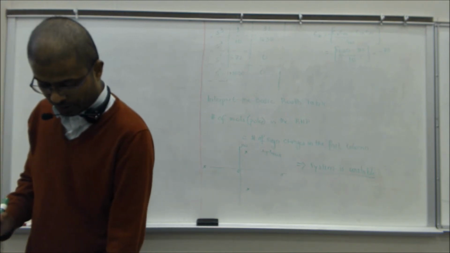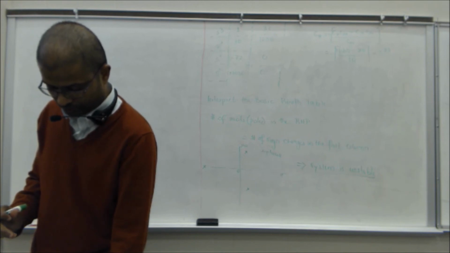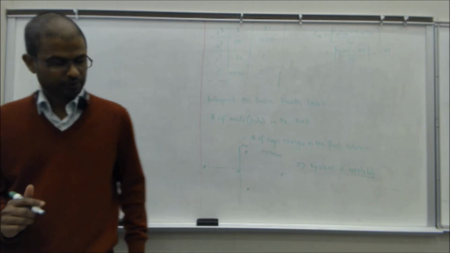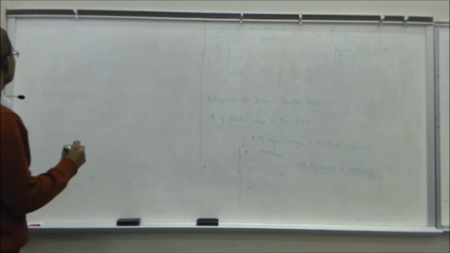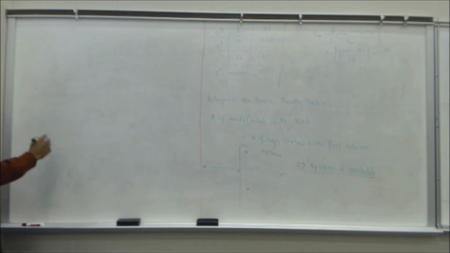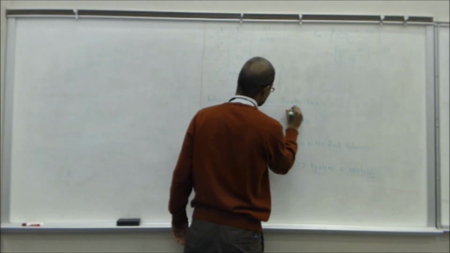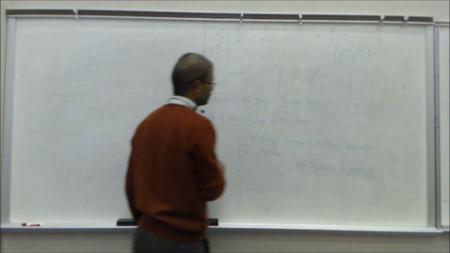There are two special cases which we might encounter. So this is the basic Routh table.